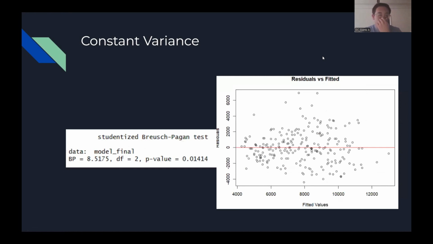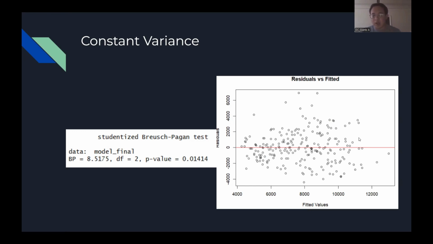And then moving on to constant variance, you can see that in this case variance isn't constant, especially on the graph to the right, where the spread of the observations, or residuals, isn't really constant.